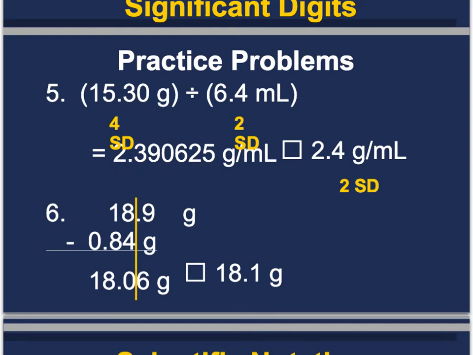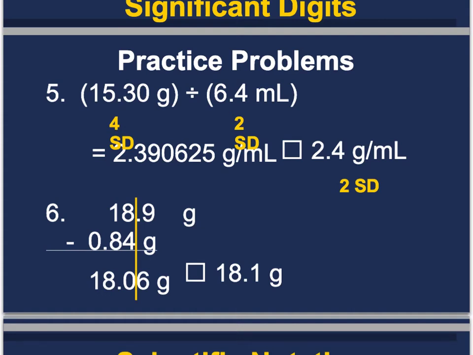When I calculate my answer, it comes out to be this long monster number. But if I want to do this properly, notice what our final answer is, 2.4. We came up with that answer because we went 1, 2, 3. We looked at the third place. The third place is 5 or bigger, so we're going to round this digit up to 4 as we did here.